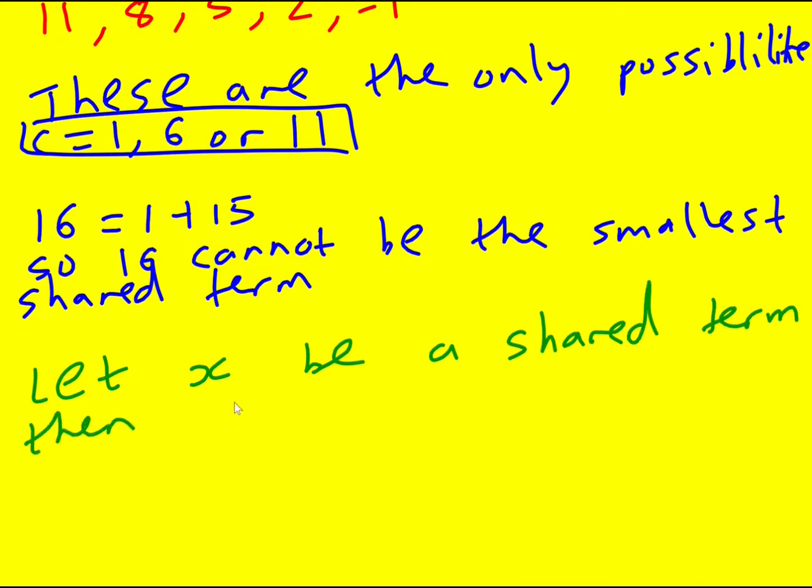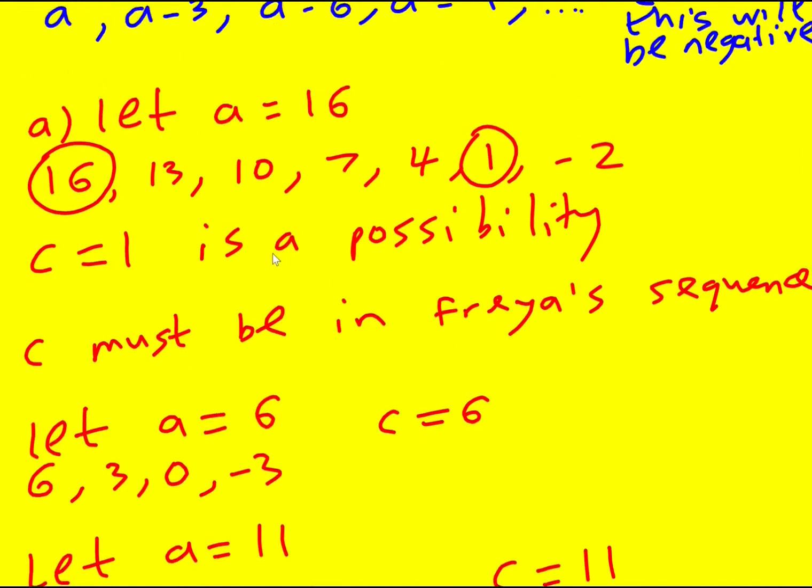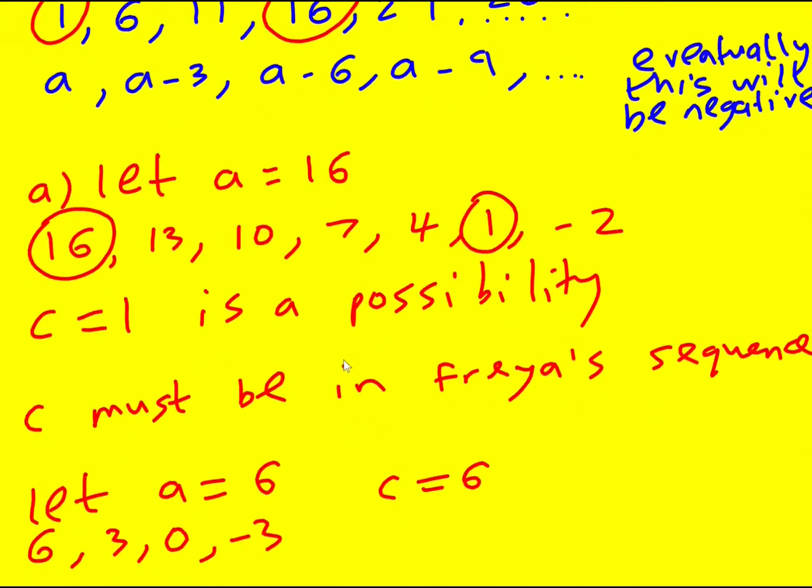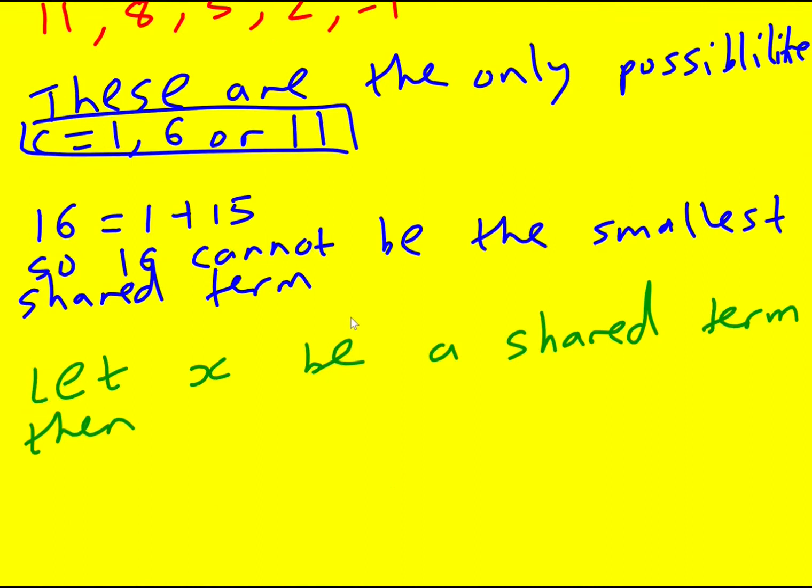Then, as we saw from the Hilary sequence, x minus 3 is going to be in the sequence, and x minus 6, x minus 9, x minus 12, and x minus 15.